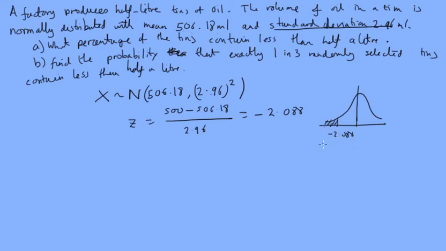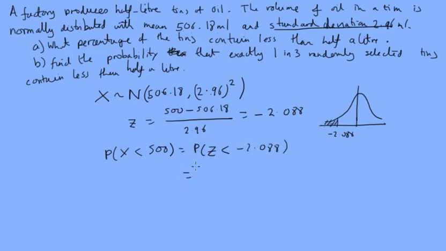So our probability that x is less than 500 is equal to the probability that z is less than minus 2.088.